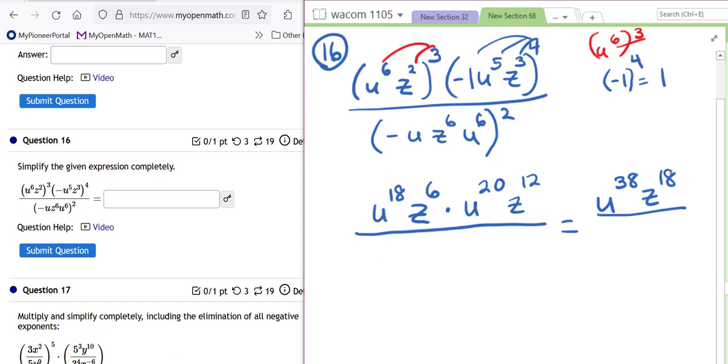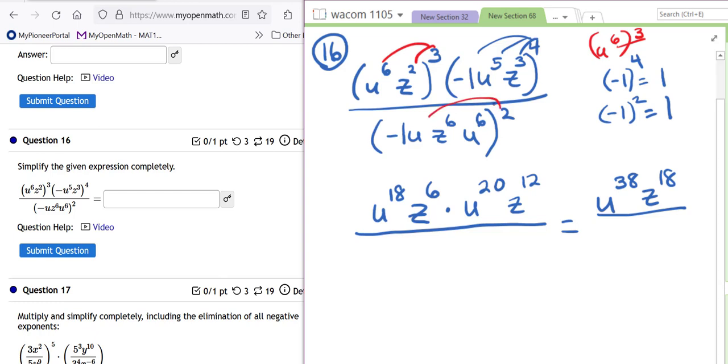All right, denominator. This is a -1 in front. -1 squared is going to be positive because it's an even exponent. So it's just a 1, so you don't have to write it.